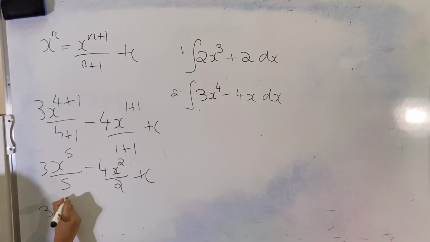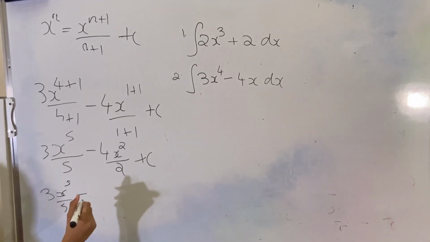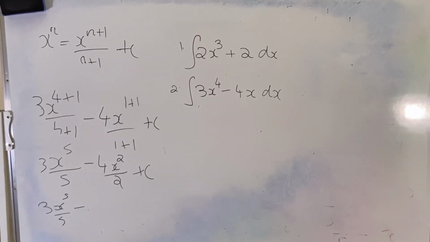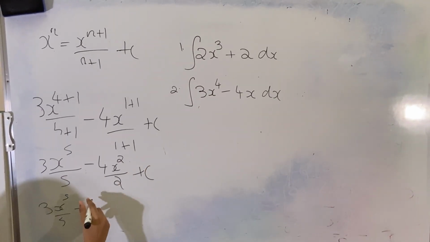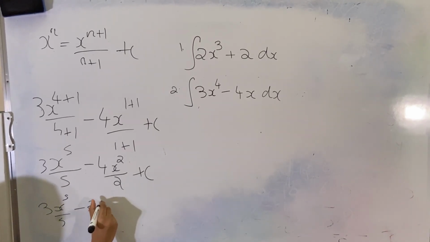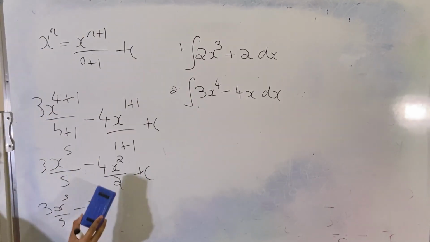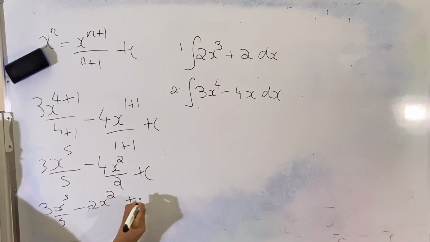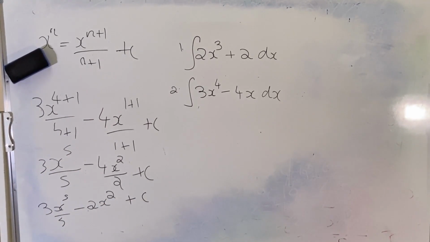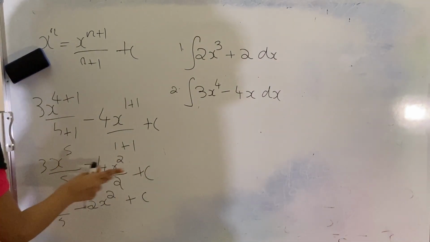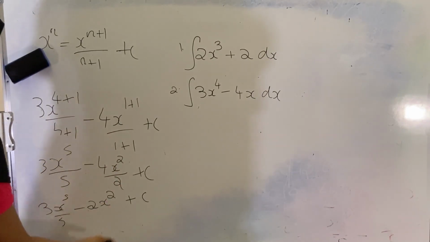3x raised to 5 by 5. And for this one, 4x raised to 2 by 2, you could write it like 2x square. Wait a minute, sorry. 2x square plus c. Okay, you could do it in the same way, but to make it short you can write it like this.